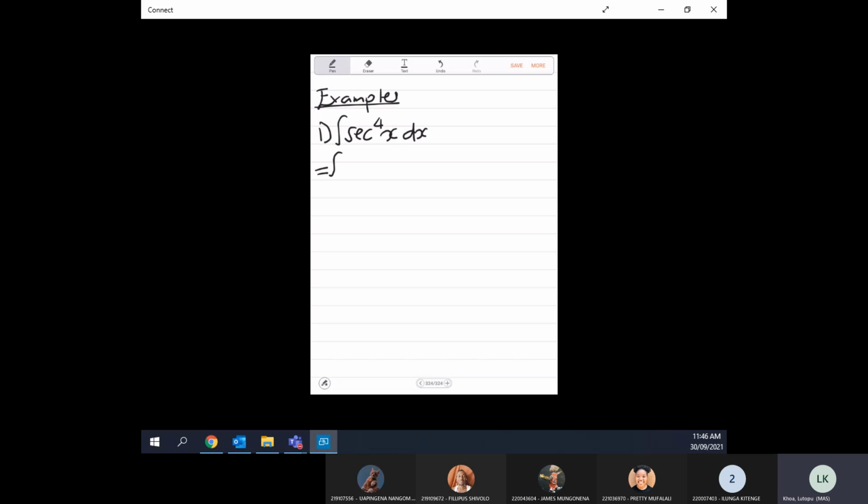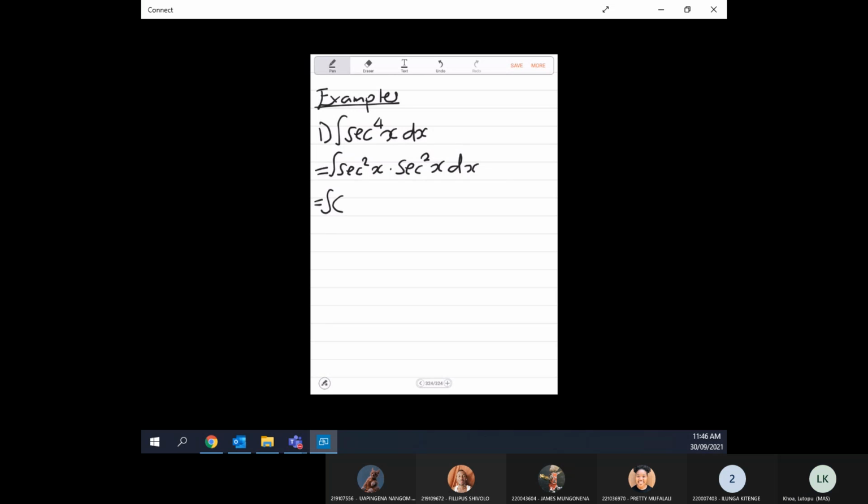So this is the integral of sec squared x times sec squared x dx. And then one of the sec squared x's we can rewrite in terms of tan.